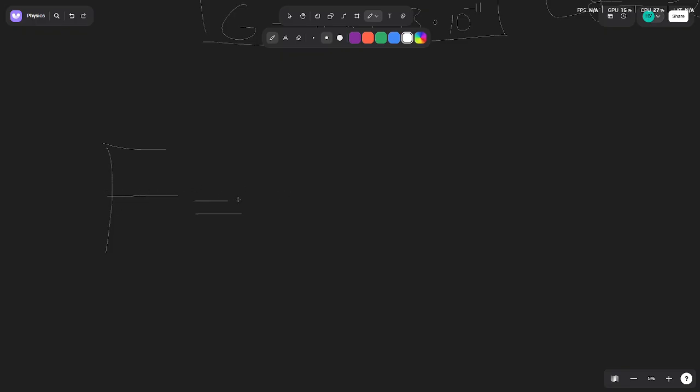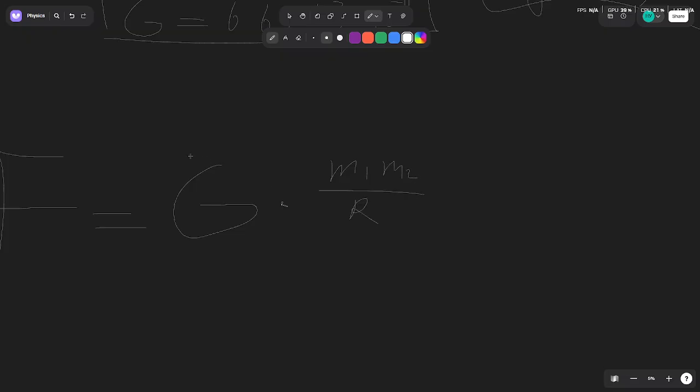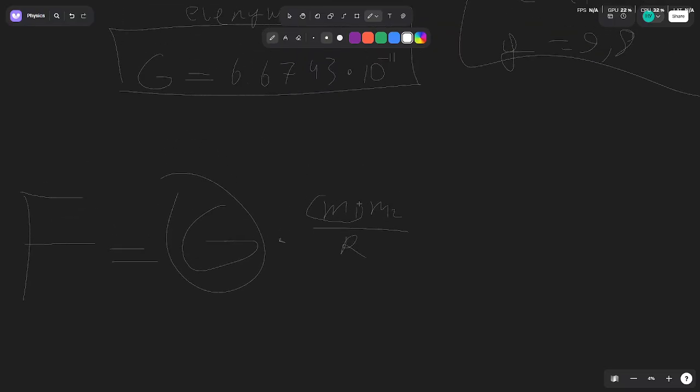So the gravitational force according to Sir Isaac Newton is equal to the gravitational constant times m1 times m2 divided by the radius squared. What does it mean? This is the constant, we already know it. This is body 1, this is body 2, and this is the radius between them.